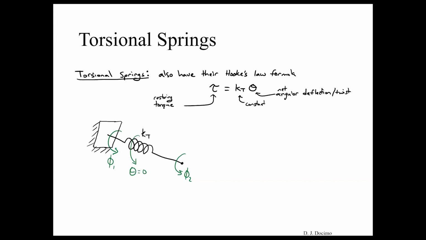Those are like our R1s and R2s from previous videos. Those are essentially the deflection at each one of those points. And our theta there is our net angular deflection or twist. So in these cases, we have our torsional spring, which is related to potential energy, which is 1/2 KT theta squared for the linear case.